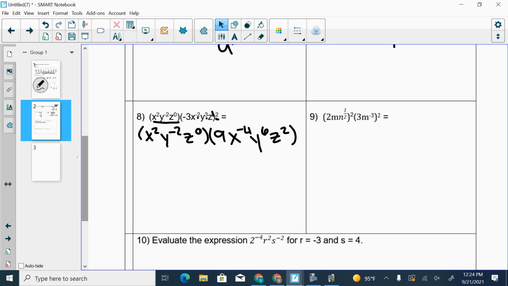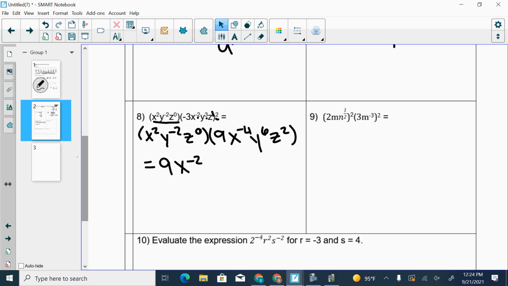Okay, now we can go back, multiply, combine our terms. So this 9, is there anything to multiply by in the first one? So it's just 9, right? Okay, for my x's, I got a 2 and a negative 4. So altogether that would be negative 2. Good.